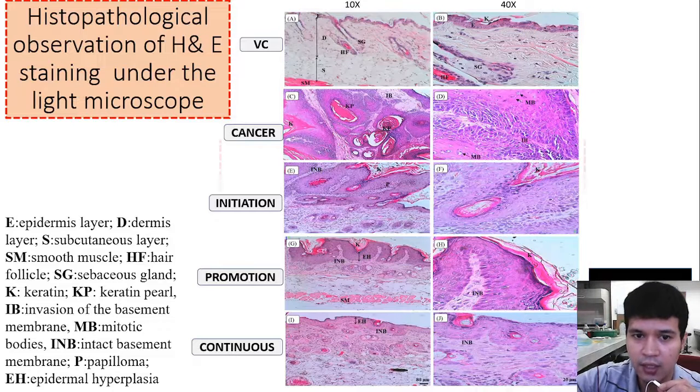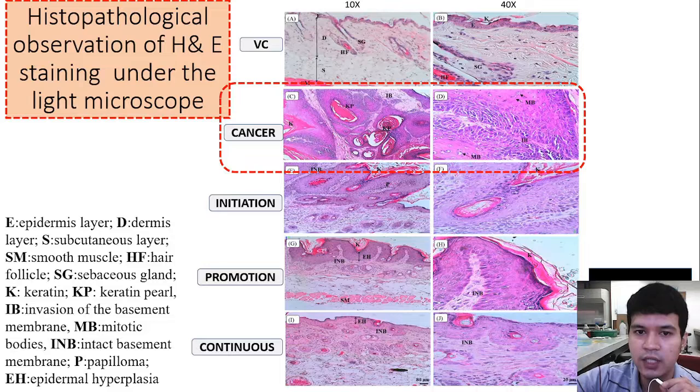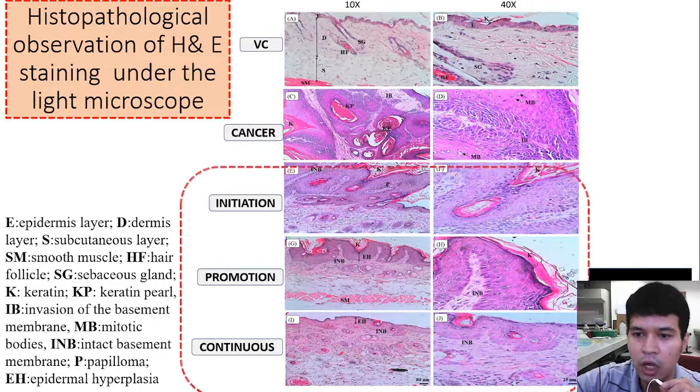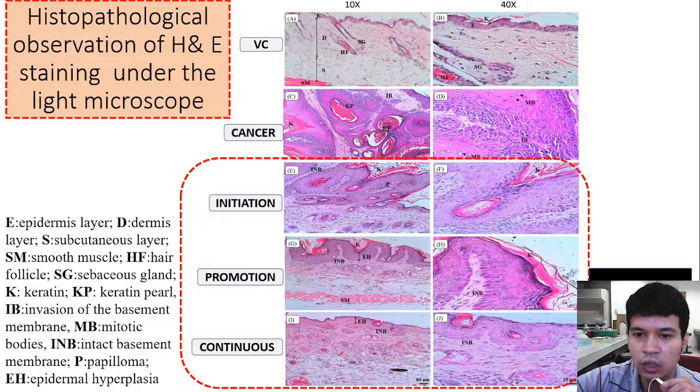In contrast, the cancer control group shows the thickening of the epidermis layer with hyperkeratinization, and also shows the histology of skin squamous cell carcinoma, which is the formation of keratin pearls, mitotic bodies, and also the invasion of the basement membrane, and also shows highly pleomorphic cells and nuclei. However, the pterostilbene treatment group shows less pleomorphic cells and nuclei, and the basement membrane is still intact.